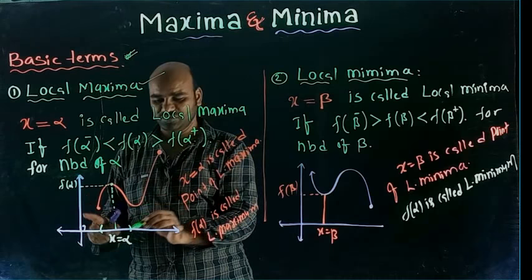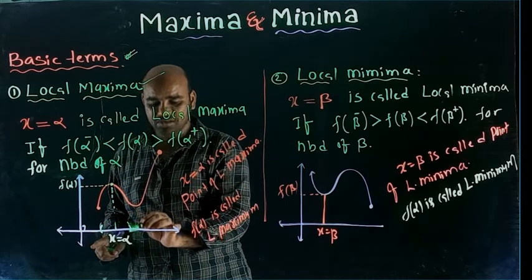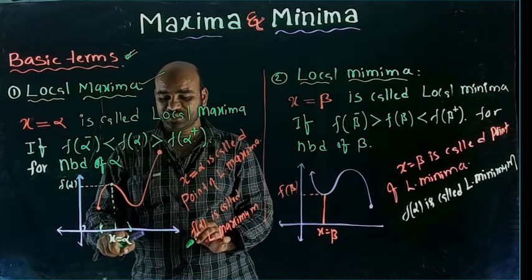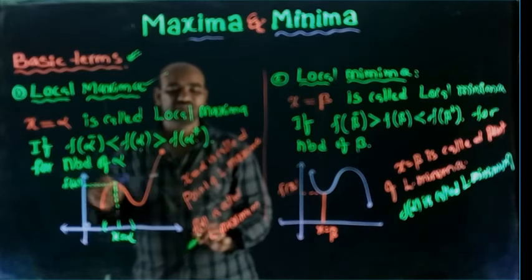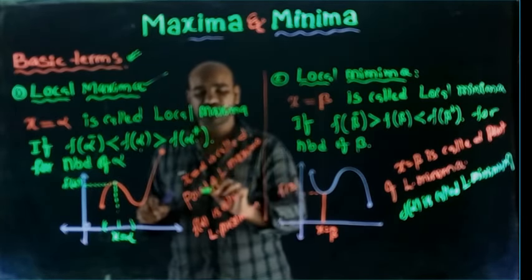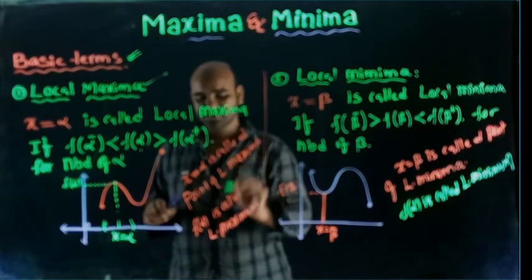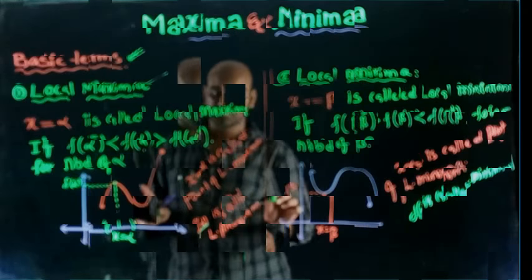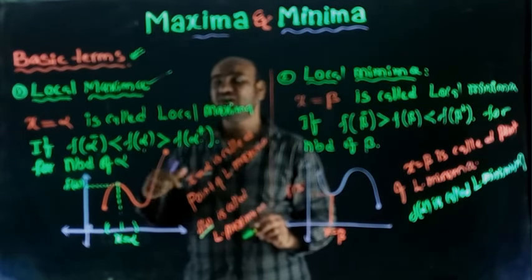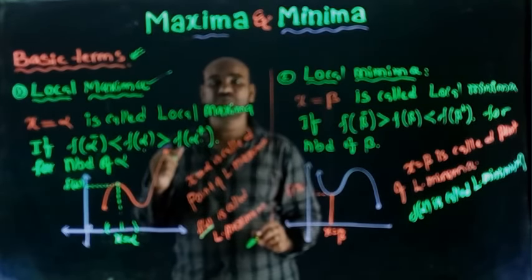See the diagram. In the neighborhood of alpha, x equal to alpha is giving the maximum output. X equal to alpha is called point of local maxima, and f of alpha is called local maximum, meaning the maximum value of output, the maximum value of y.